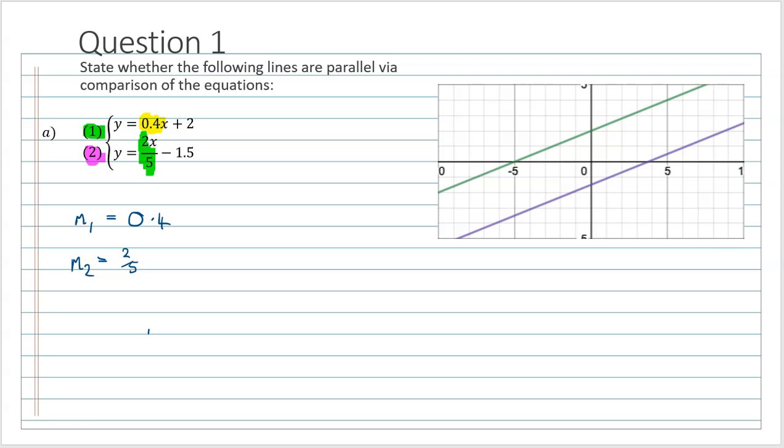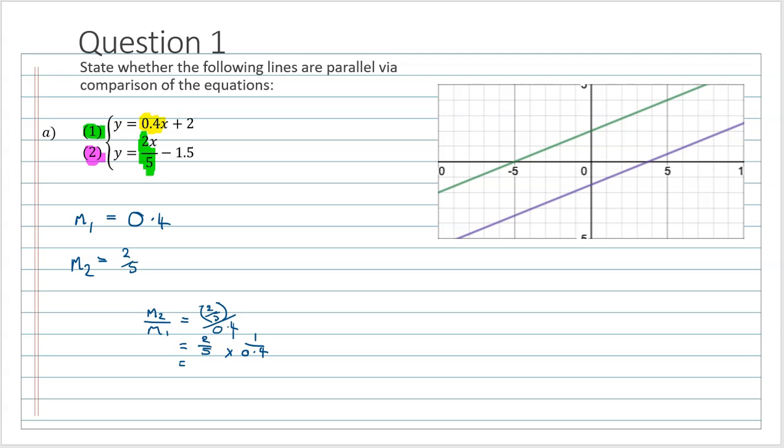So we'll go m1 down there, m2 here, substituting in the values, 2 over 5 over 0.4, and using fractional arithmetic, it's 2 over 5 times 1 over 0.4.